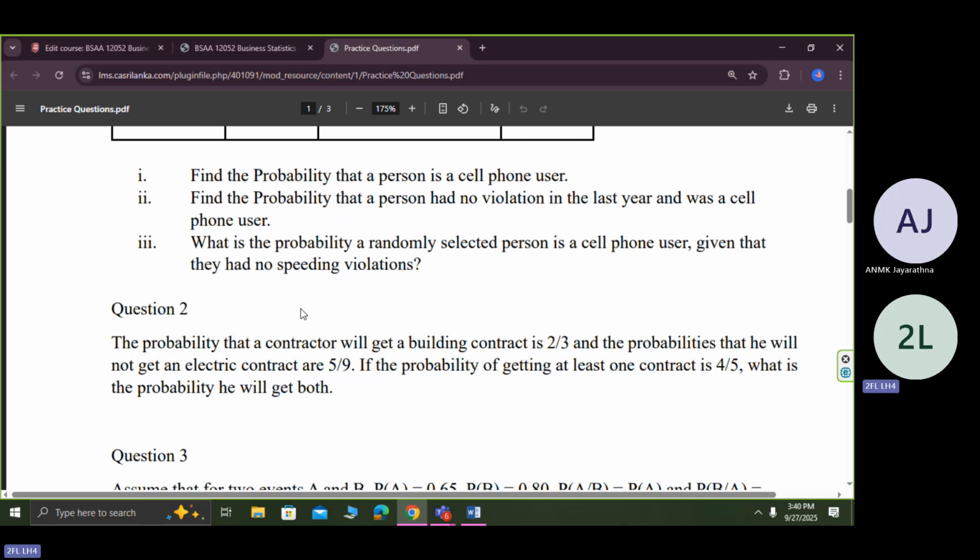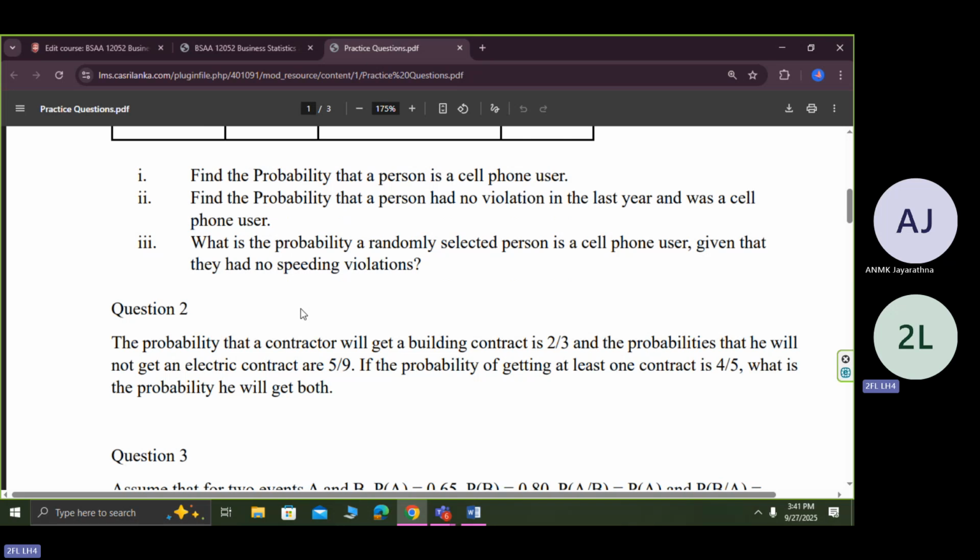Roman number 3 asks what? What is the probability a randomly selected person is a cell phone user? We need to find the probability that the particular person is a cell phone user. Okay, then the question says, given that they had no speeding violation. Understood? Here it uses 'given that'.